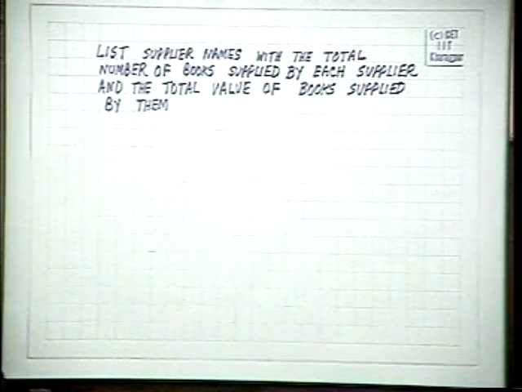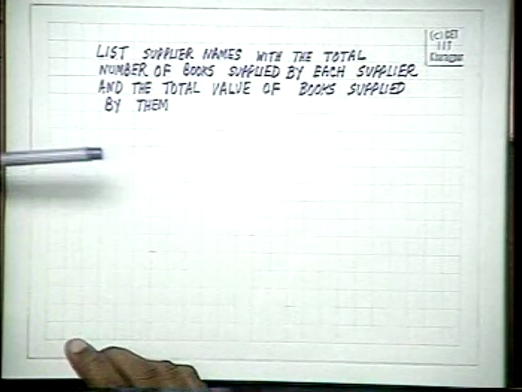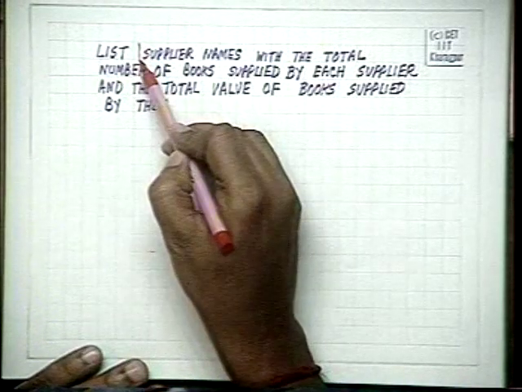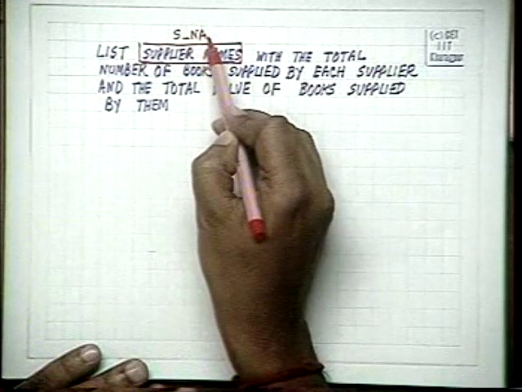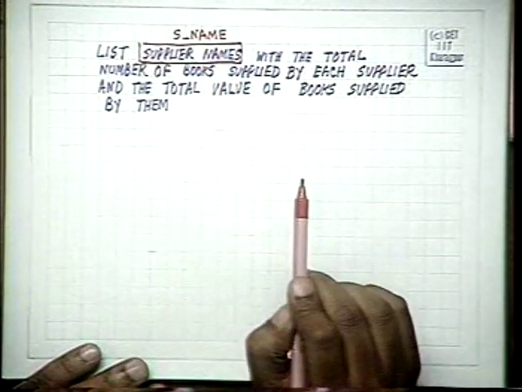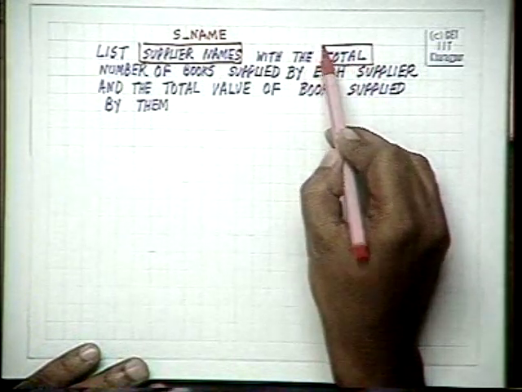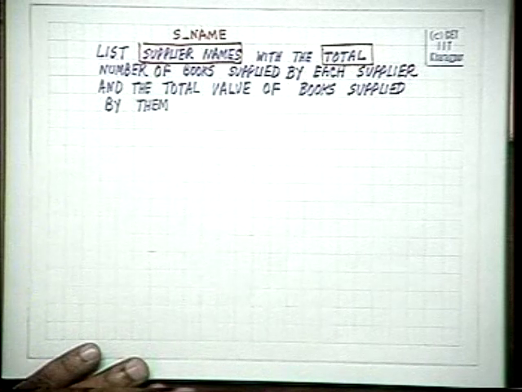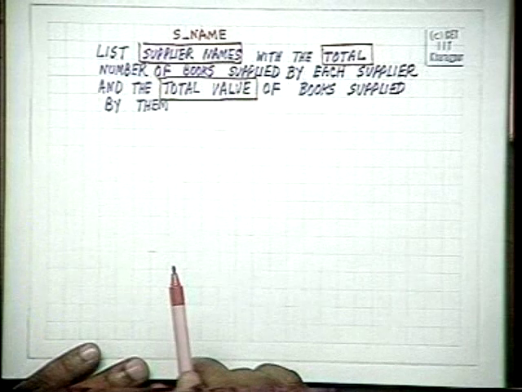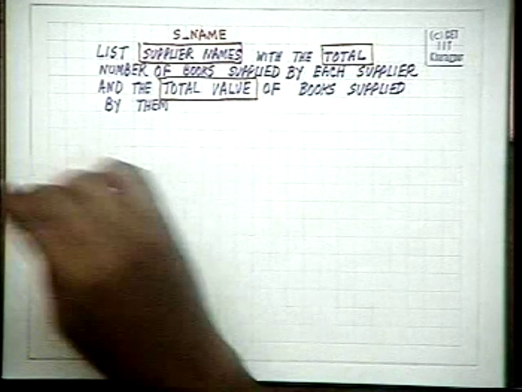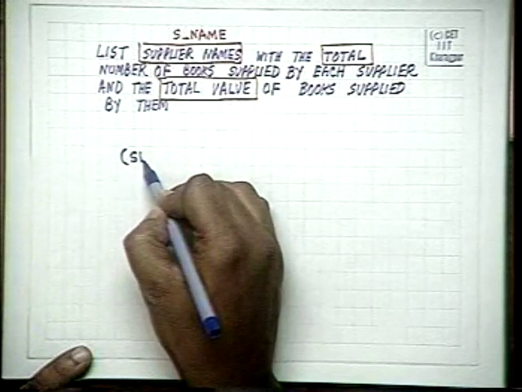We have to list out the names of the supplier, which is S name, with the total number of books supplied by them. So the count function is there, and the total value from the price, we will be able to get this. So this is a reasonably simple query.